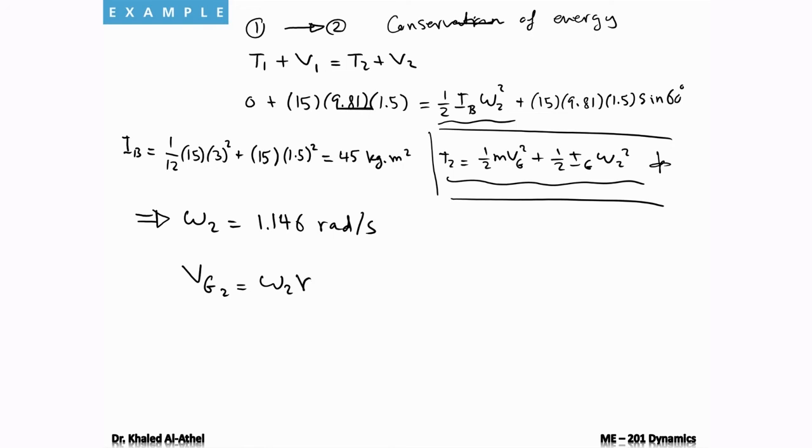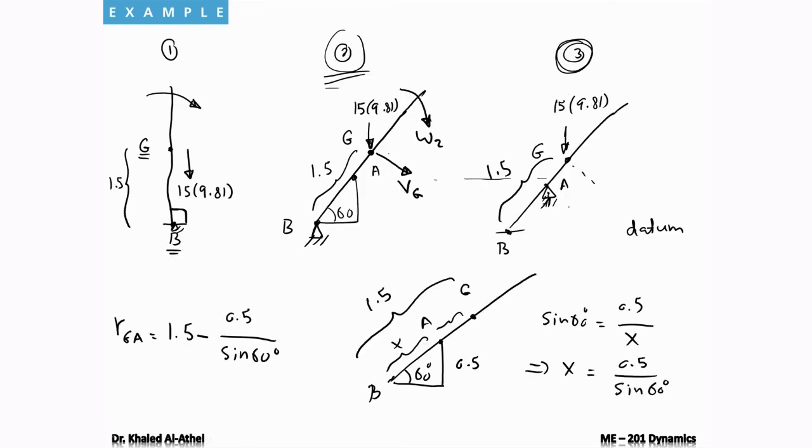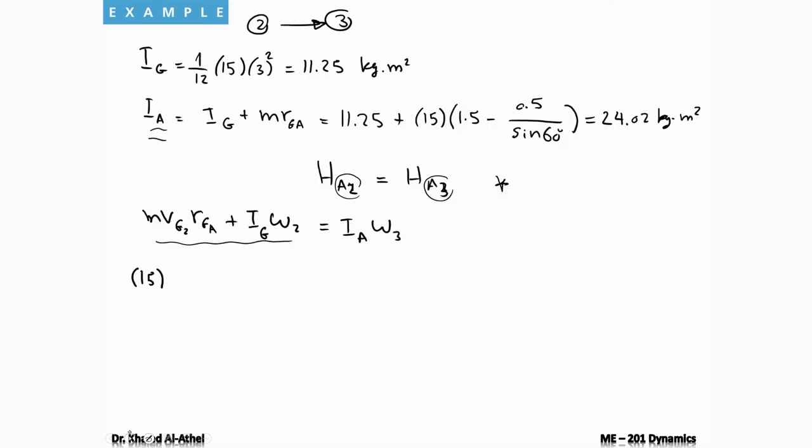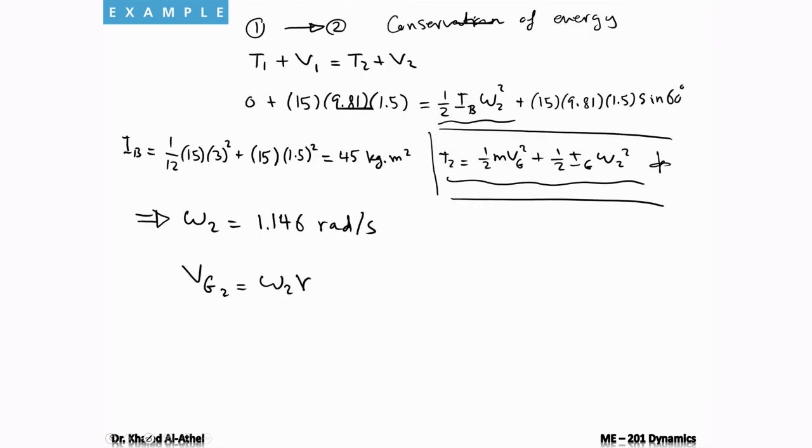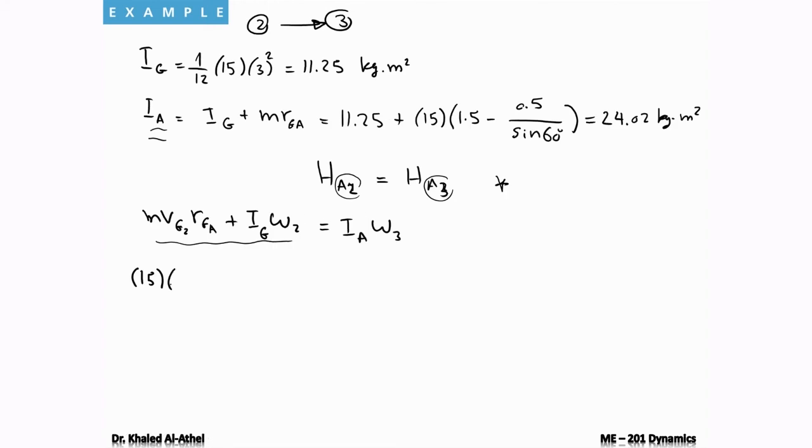And what is this r? It is r, the distance between, let me show it to you, between A, where is it? So it is between G and A, because I have velocity of G, right? And I want to convert it to point A. So it's going to be RGA. So what do I have? Omega 2 equals 1.72.